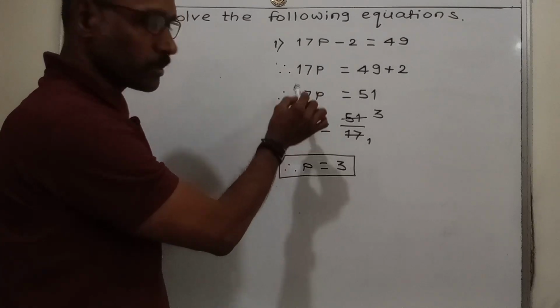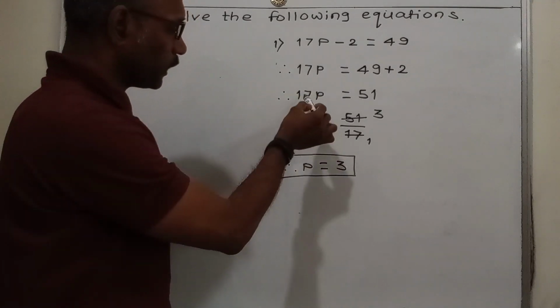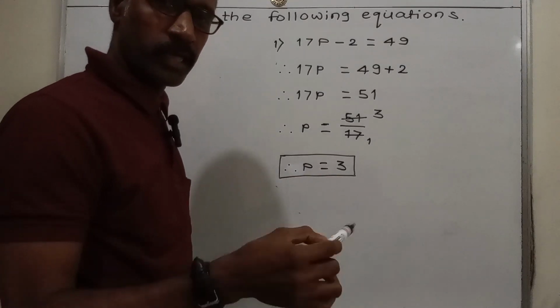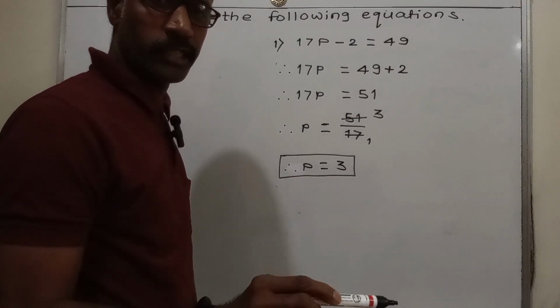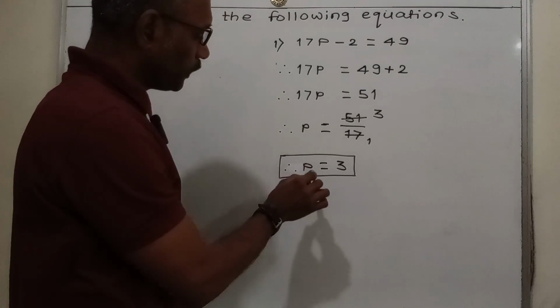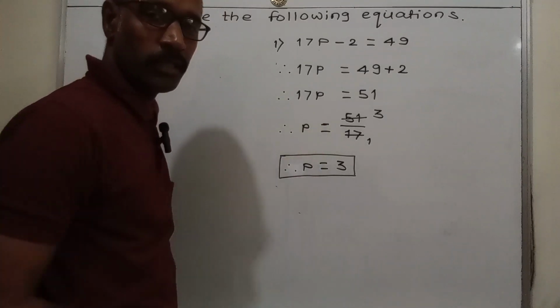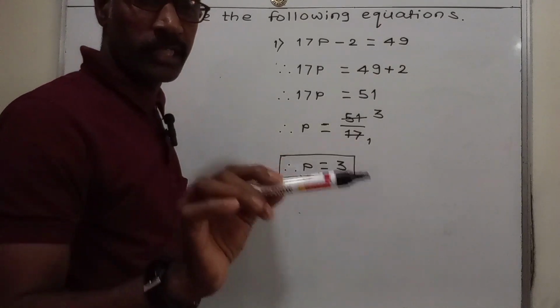If any coefficient is other than 1, then take that coefficient to the right or left side. Did you get it? And the variable should be positive. We want the variable always positive.